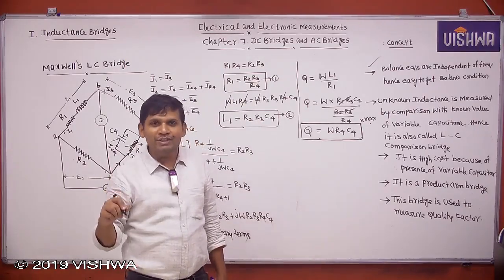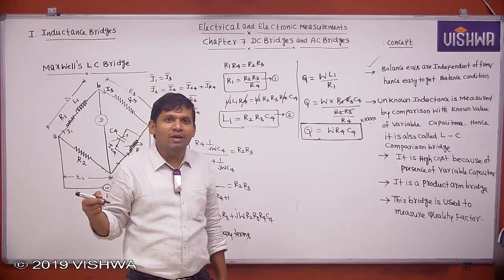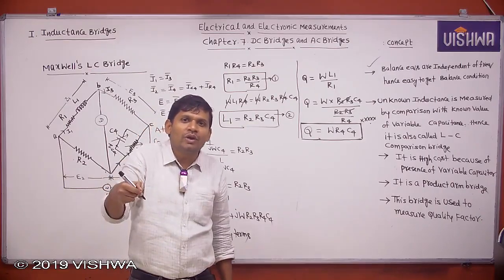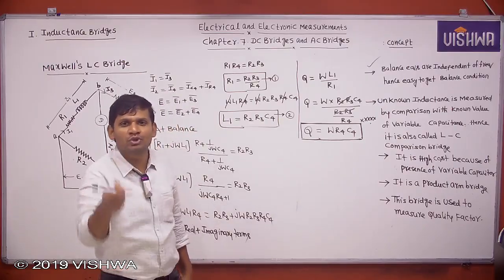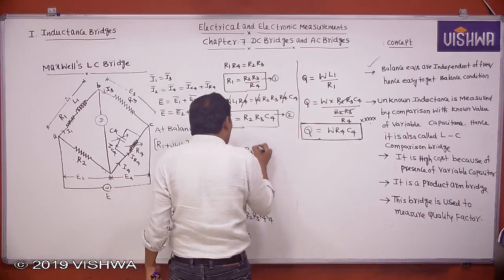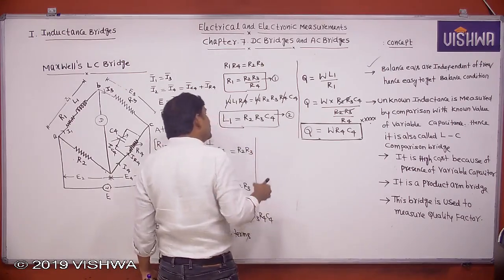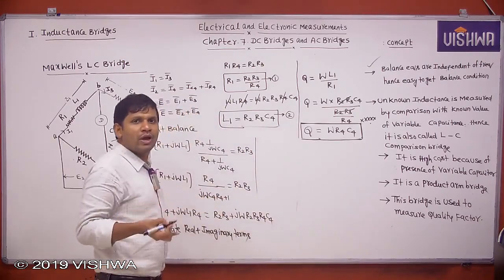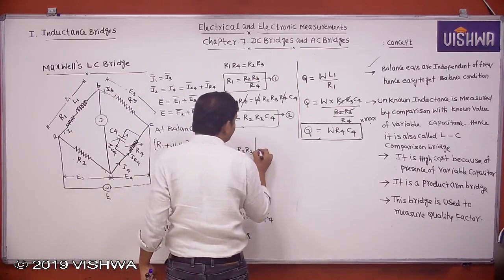Now the question is, is this bridge used for high Q coils or low Q coils or medium Q coils? That is the question mark. This is very important for competitive exams. Okay. Then how to analyze theoretically? Tell me.